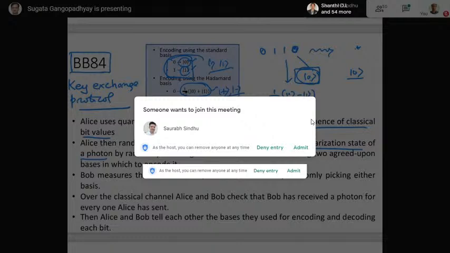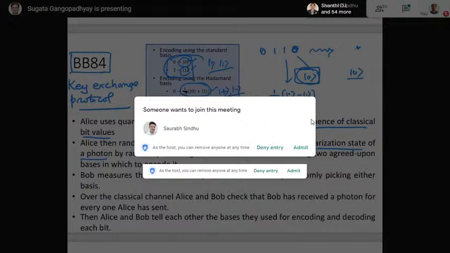Now the point is that if both of them choose the bases at random, then the probability is half that they have the same basis, and that they have got the same measurement. So Bob should be measuring the qubit correctly half of the times.